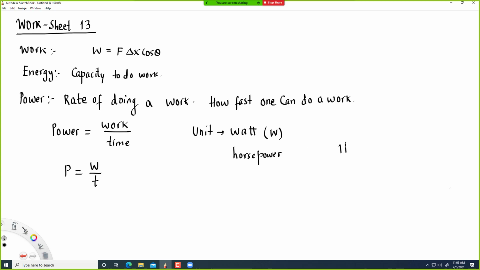So 1 horsepower, HP, is equal to 746 watt.